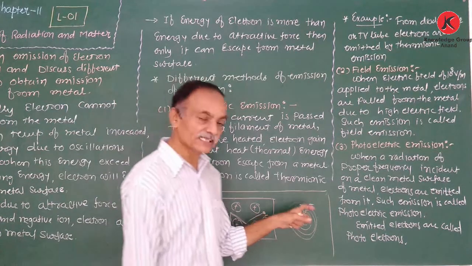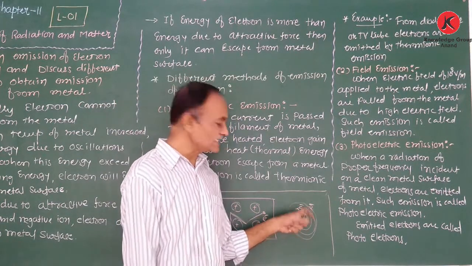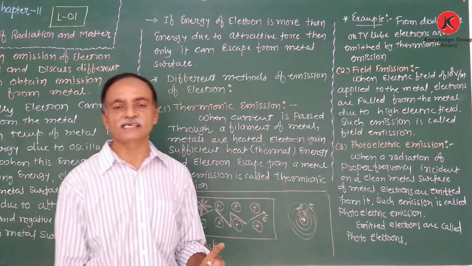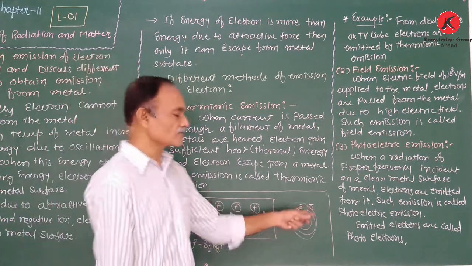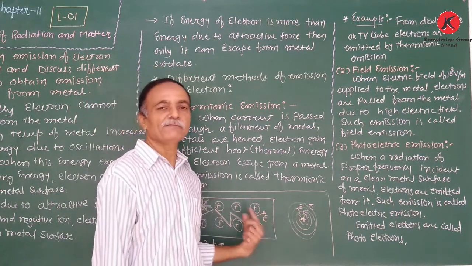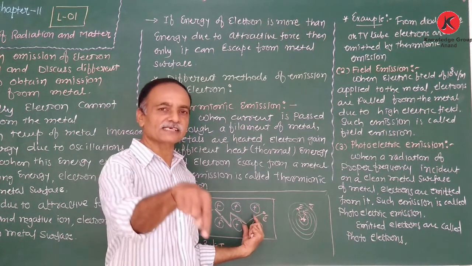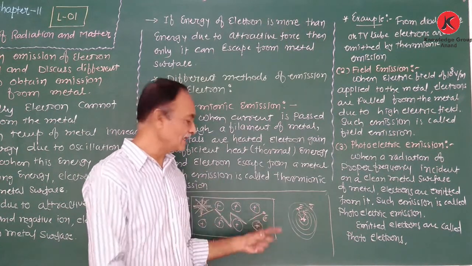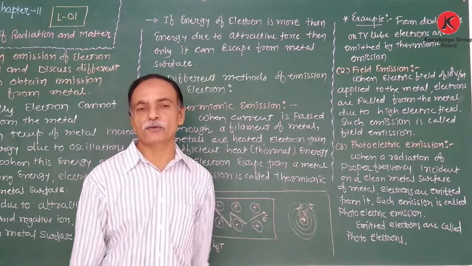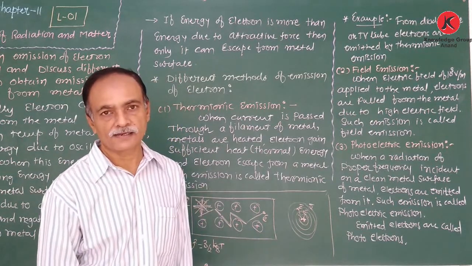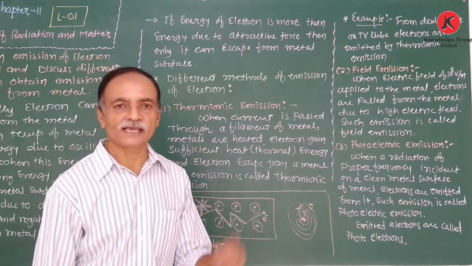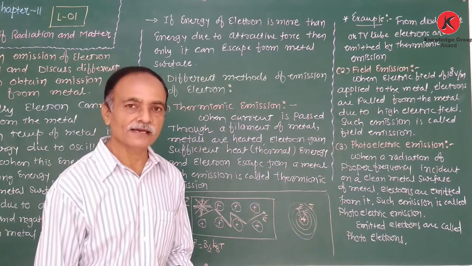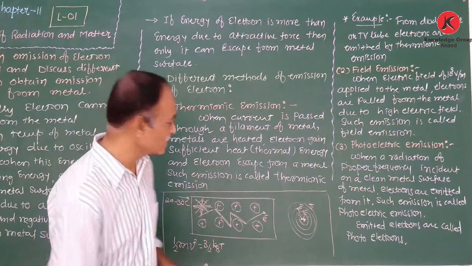When the electron gets sufficient energy, more than the binding energy, it can escape from this force of attraction and becomes free. And when this electron gets much more energy, it can also escape from the metal, and this electron behaves as an emitted electron. Clear this? Okay.